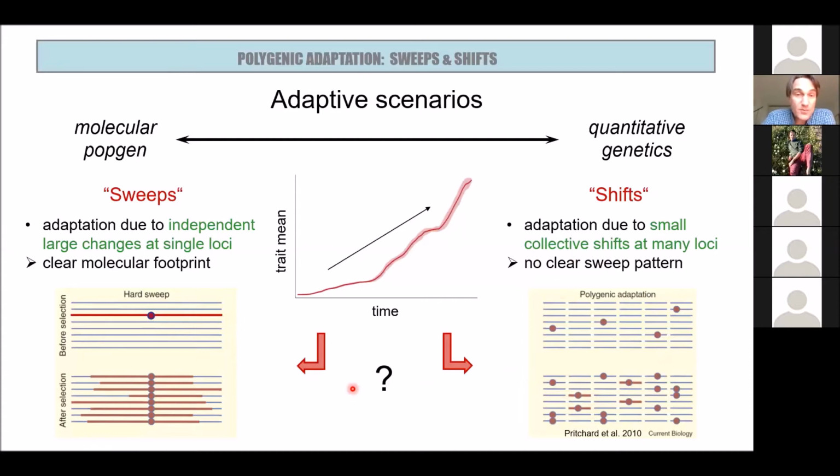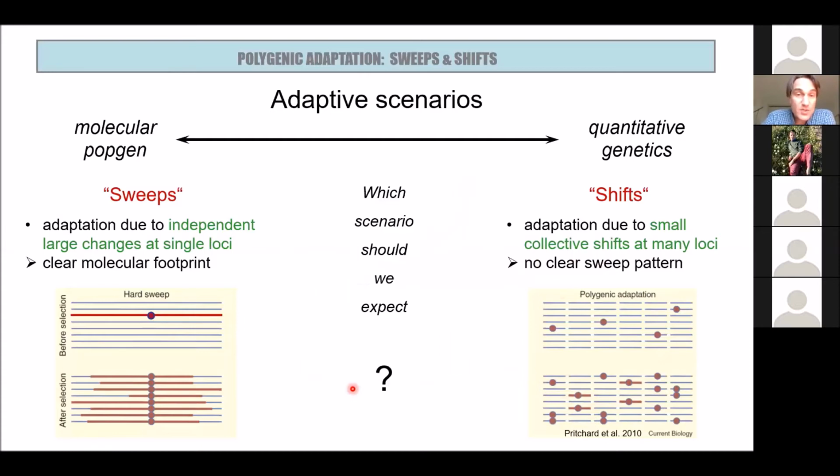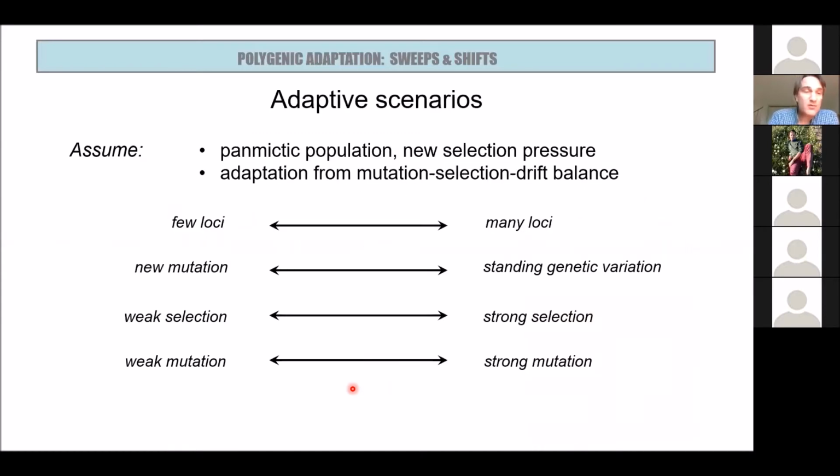All right, so the question simply is, if we have these 2 very opposite points of view, which scenario should we expect for real traits? And as you maybe can imagine, one favorite answer that many people give to this question is, well, it depends. Sometimes it's like sweeps, and sometimes it's like shifts.